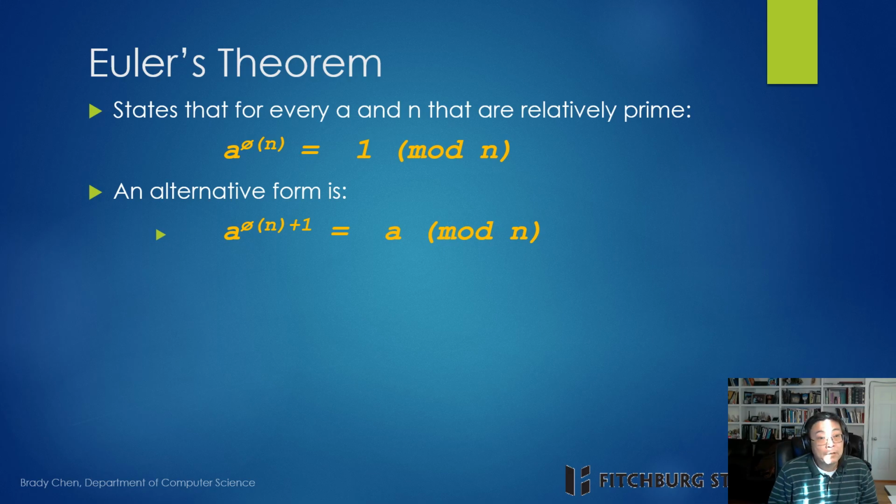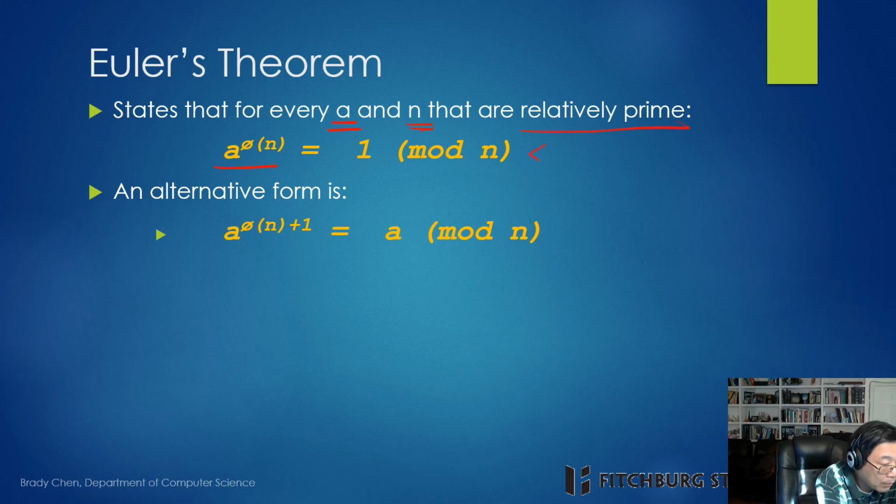Now, Euler's theorem is built upon Fermat's theorem. So Euler's theorem says for every a and n that are relatively prime, a to the phi of n is congruent to 1 modulo n.